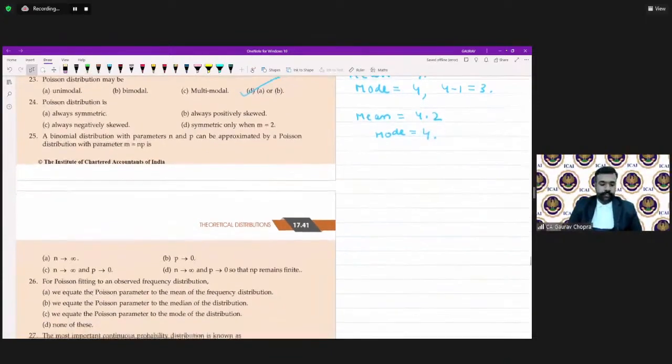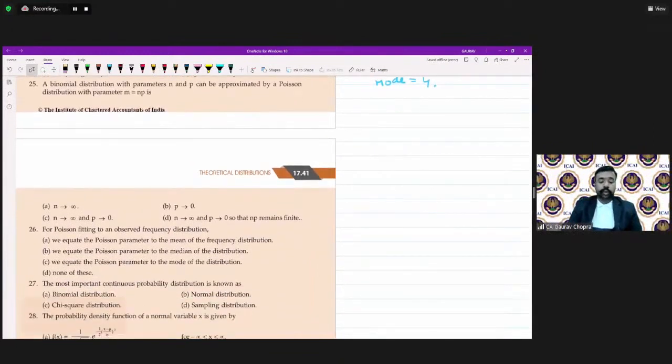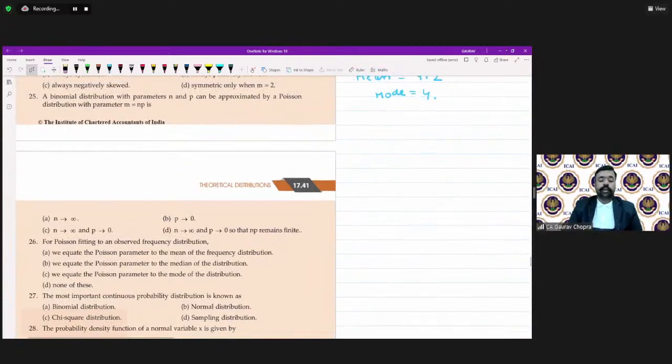Then, yes, question 25: a binomial distribution with parameters n and p can be approximated by a Poisson distribution with parameter m equal to np. So when will the binomial distribution tend to Poisson distribution? We know that binomial has finite values and the probability is not close to zero.